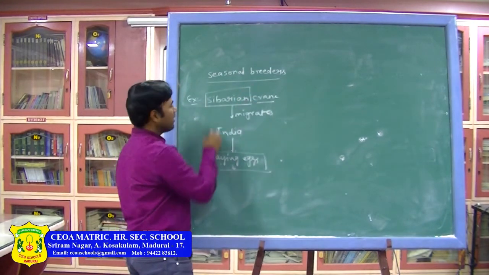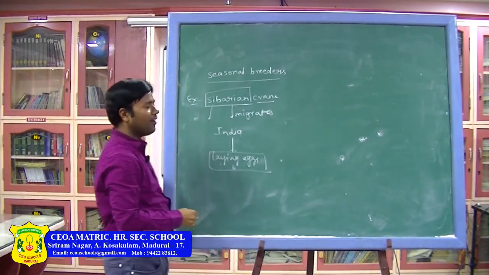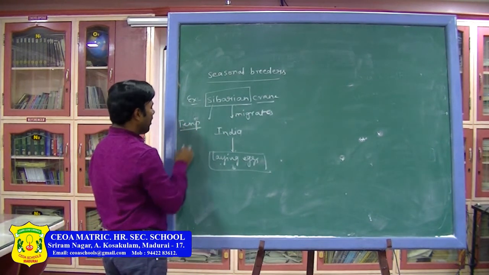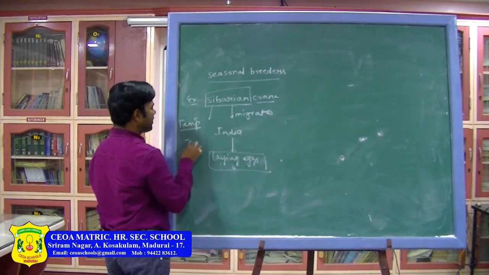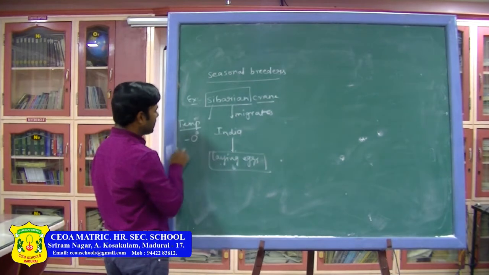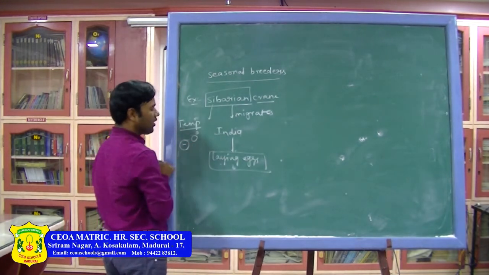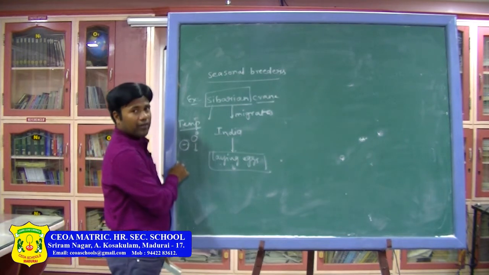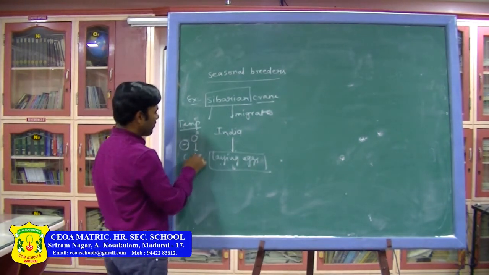What is Siberia? Siberia is a place in Russia. The temperature of Siberia is always below 0 degrees, minus degrees. There is a very low temperature, cold atmosphere.